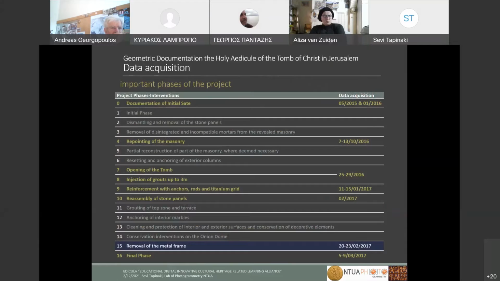Now, geometric documentation was done after 7 important phases of the project, including the initial and the final state. And just to mention here that during removal of the metal frame, a photographic documentation of the procedure took place.